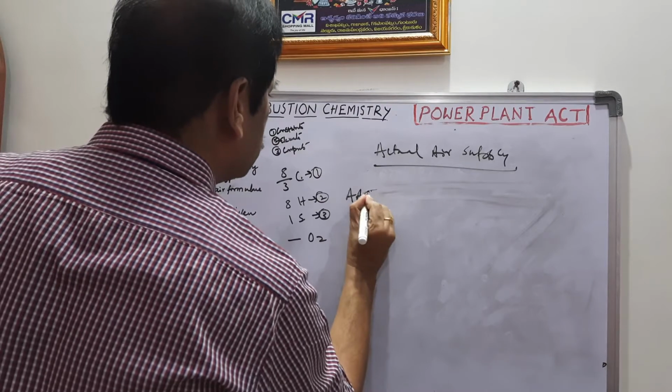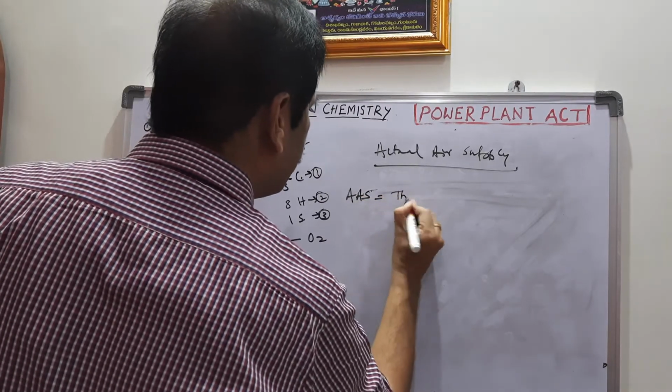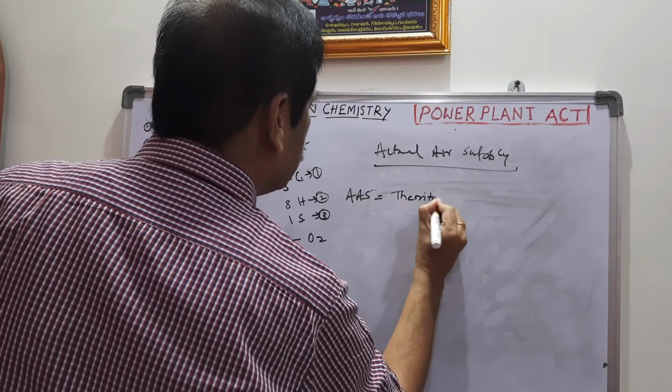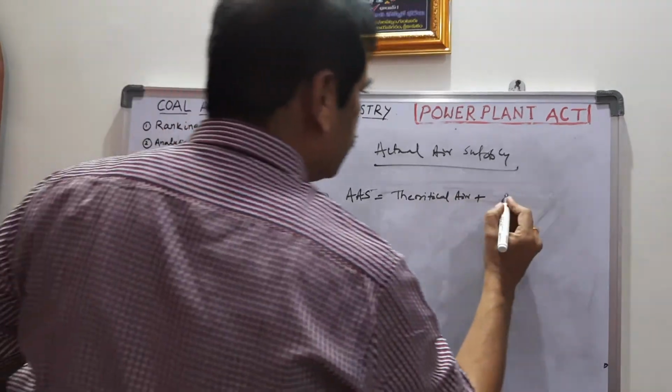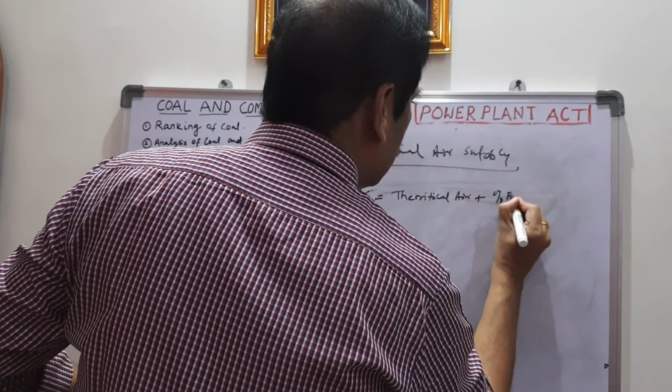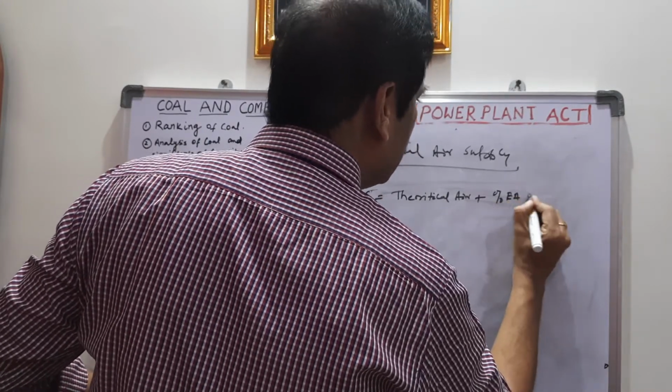Actual air supply is equal to theoretical air plus percentage of excess air with theoretical air.